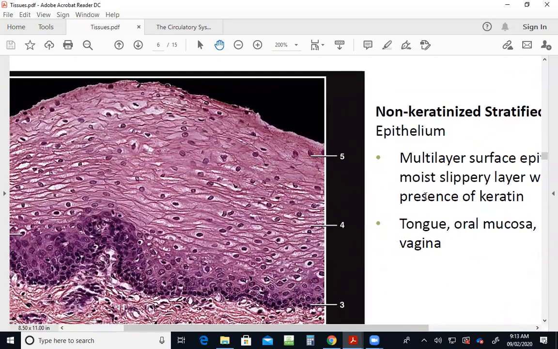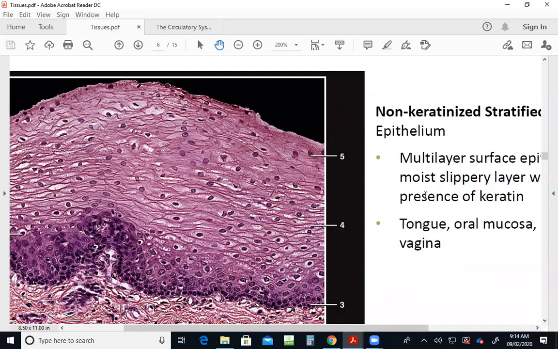Okay, over here on the left side of the page, here in the middle, you really can see the flatness to these cells, the non-keratinized stratified squamous. One key feature of them is that they create a moist, slippery layer, which is obviously not the case for our skin, which is nice and dry. Okay, sometimes unfortunately too dry.